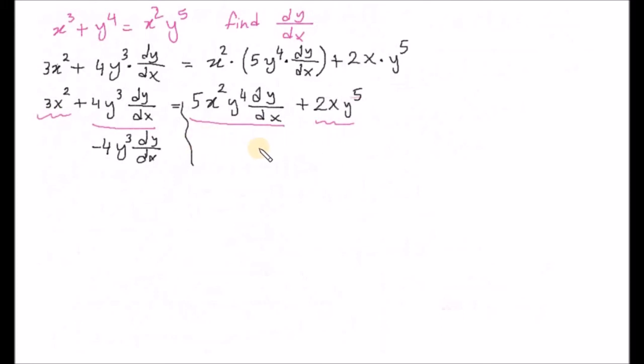So I will have negative 4y to the third dy over dx. Now I will remove 2xy to the fifth from this side, so I'm going to subtract 2xy to the fifth from this side, and I'm going to subtract it from here as well.